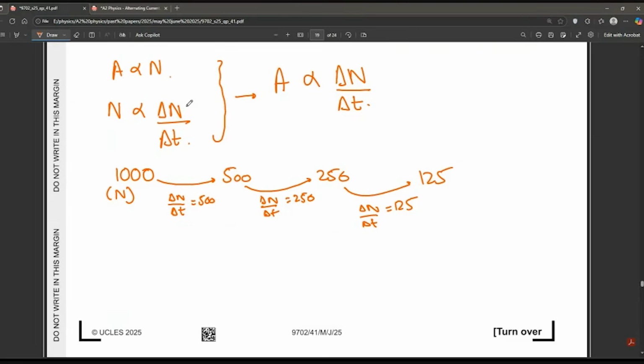Number of undecayed nuclei is directly proportional to the rate of change of what? Rate of change of undecayed nuclei. जितने ज्यादा undecayed nuclei कम होंगे, rate of change कम होगी, and hence your activity is exponential. Did this make sense? चलिए, आगे बढ़ते हैं.